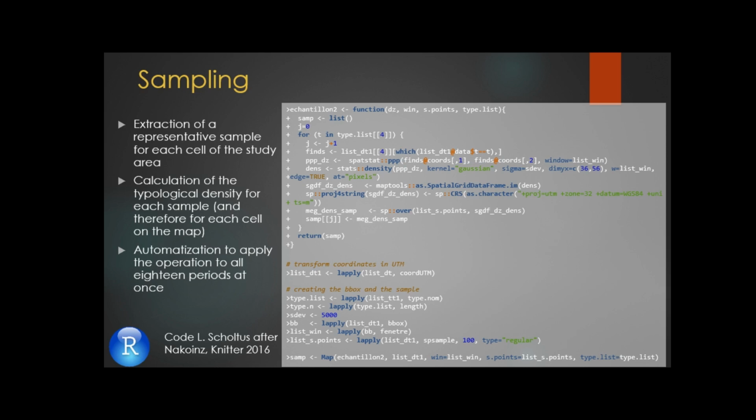This sample is therefore based on the type distribution within each cell on the map and corresponds to the confidence interval of the distribution. These different operations are stored in R within a function in order to be able to perform them all at once over all 18 periods, creating 18 times about 100 samples corresponding to the cells created for the study area.